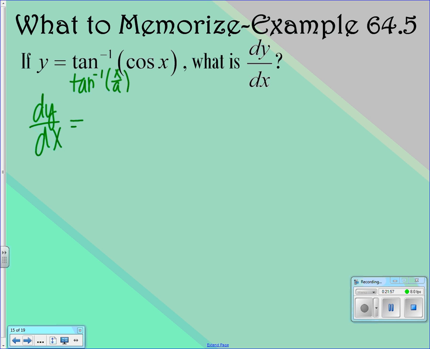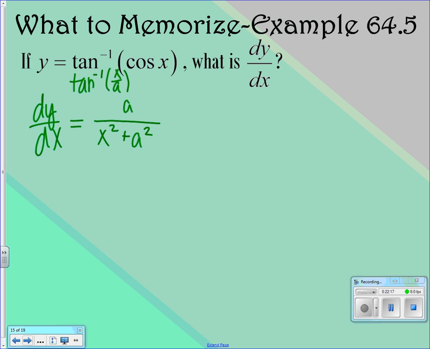The derivative of that is going to be a over x squared plus a squared. So that's the derivative there.